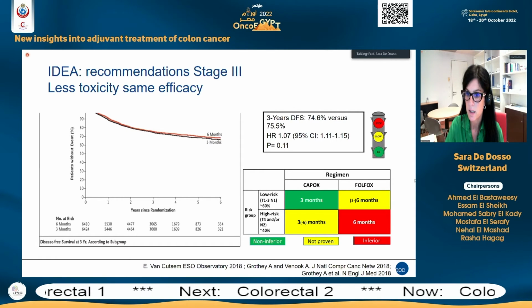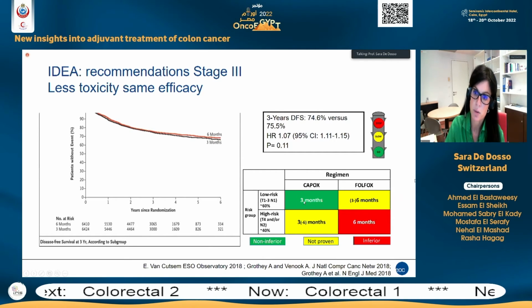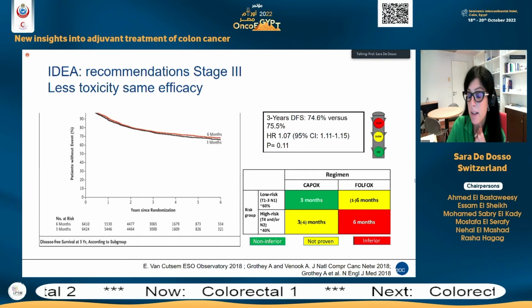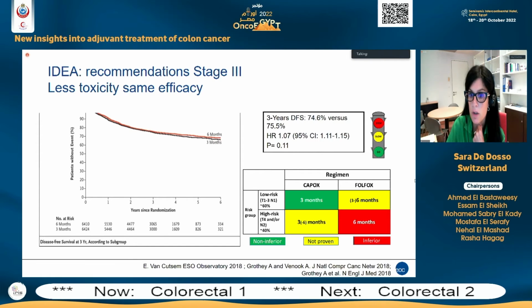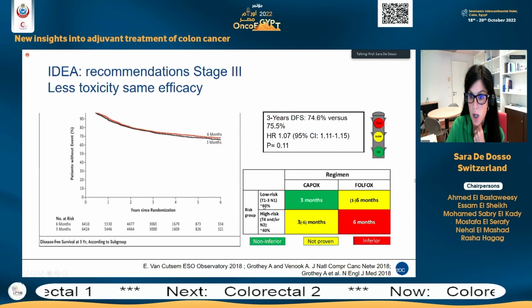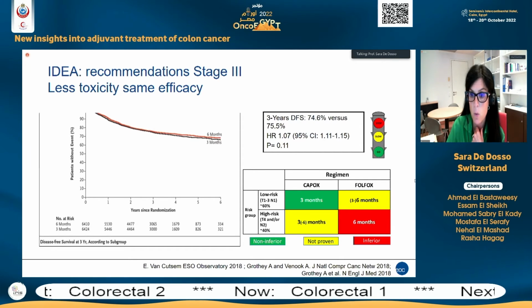And you can see that according to the outcome, 3 months of CAPOX, so 3 months of an oxaliplatin-based treatment, has been demonstrated as non-inferior in comparison to the standard 6 months in low-risk stage 3 colon cancer, so this means T1 to T3 and N1 disease, according to the pathological results.